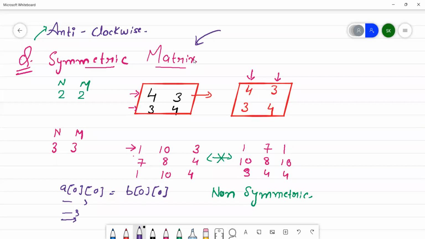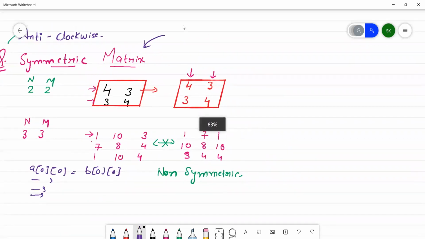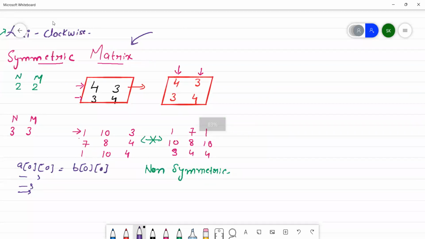Clear to everyone? Or is any discussion needed in this? Does anyone want more explanation in this particular question?